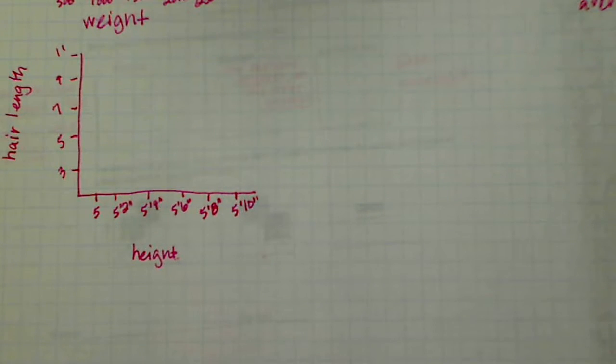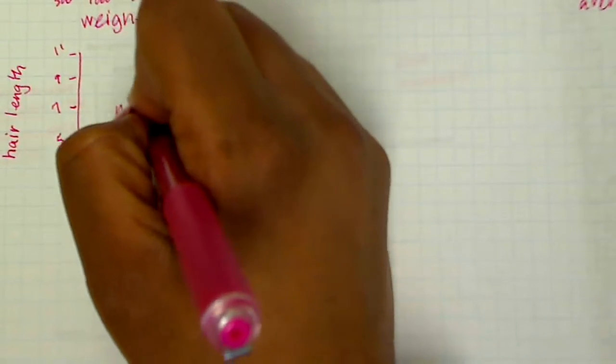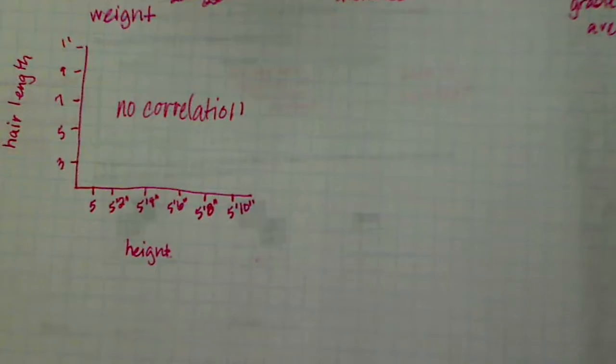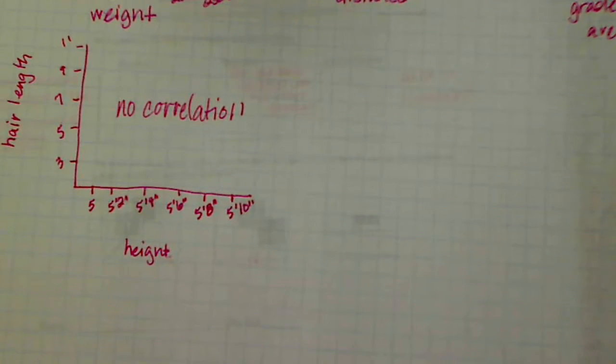No, it's not. There are tall adults with short hair, tall adults with long hair, short adults with short hair, and short adults with long hair. This is no correlation. These events are not related. I cannot determine how long someone's hair is based on how tall they are.